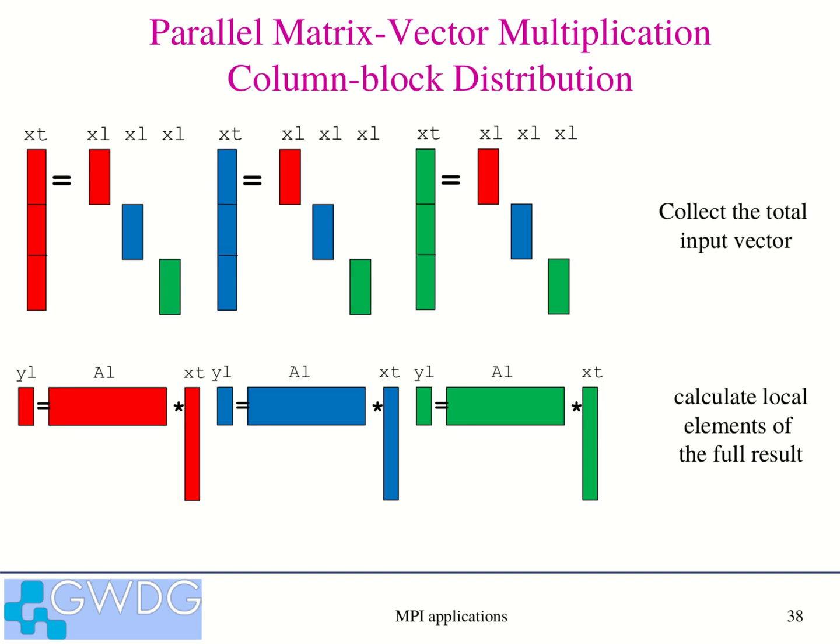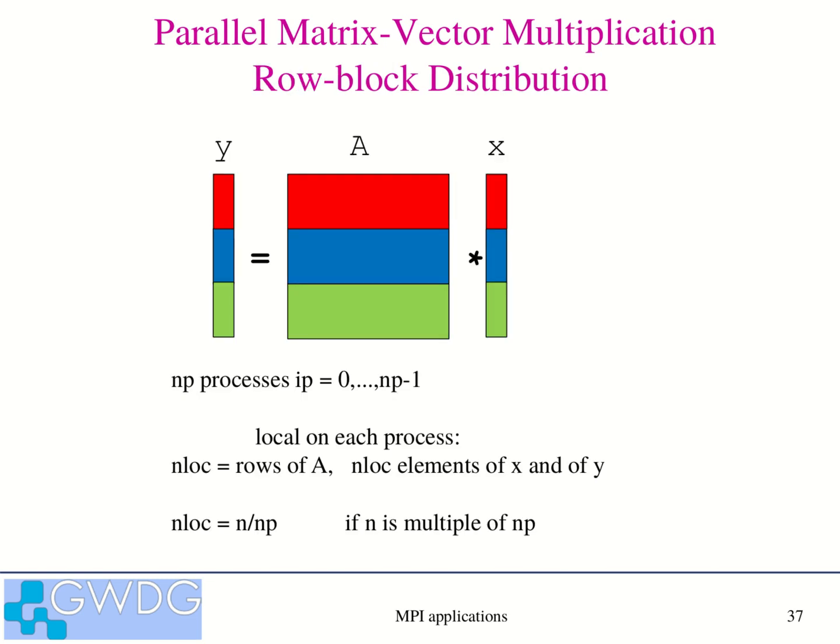Now, how do we then do the multiplication? See here, if you have process 0, at the beginning you have only one part of the input vector. So in order to calculate an element of the result, you have to multiply a row residing on the local process times the full input vector.